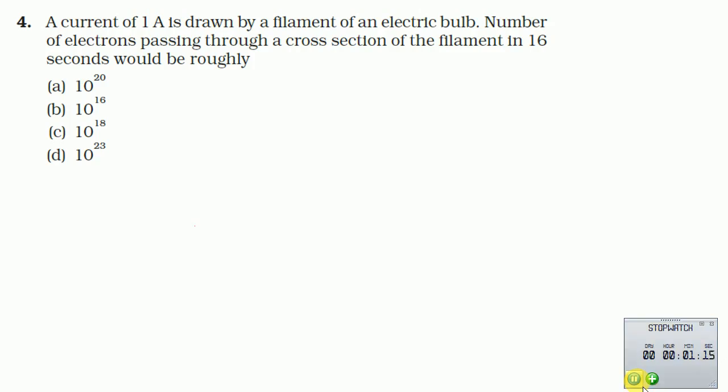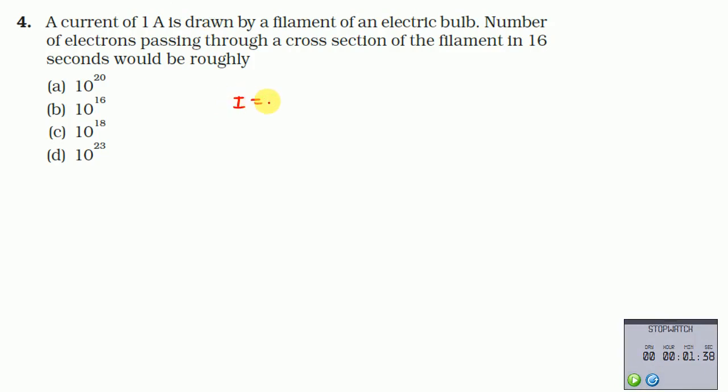You need to know some formulas. What is current? Flow of electrons, right? It's asking the number of electrons. Time is given, 16 seconds. So in that time, how many electrons will be passing? It's asking that. Okay, time over. Let's solve this.